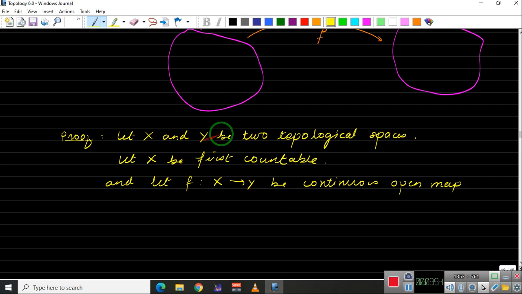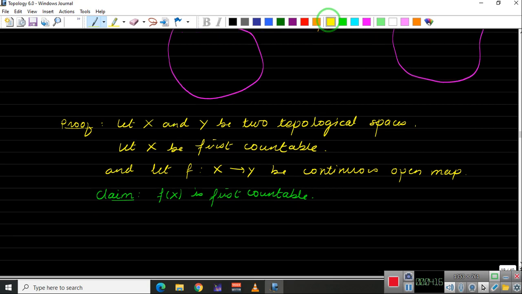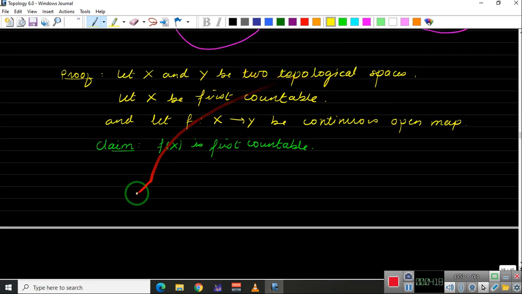Claim: f(X) is first countable. We need to show that f(X) is first countable. So let us take a point in f(X).